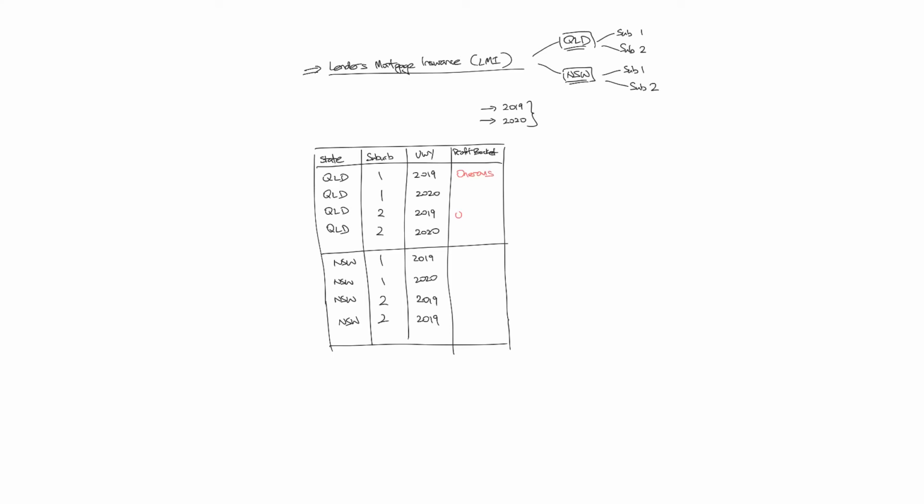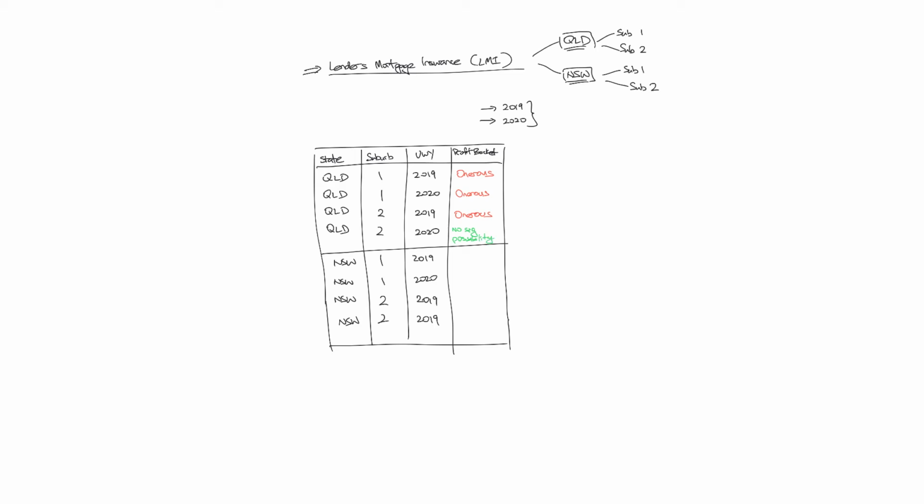And doesn't matter the suburb, let's just say suburb 2 is also onerous. And in 2020, we couldn't change our underwriting strategy for suburb 1, but we did change it for suburb 2. So suburb 2 now suddenly becomes no significant possibility.